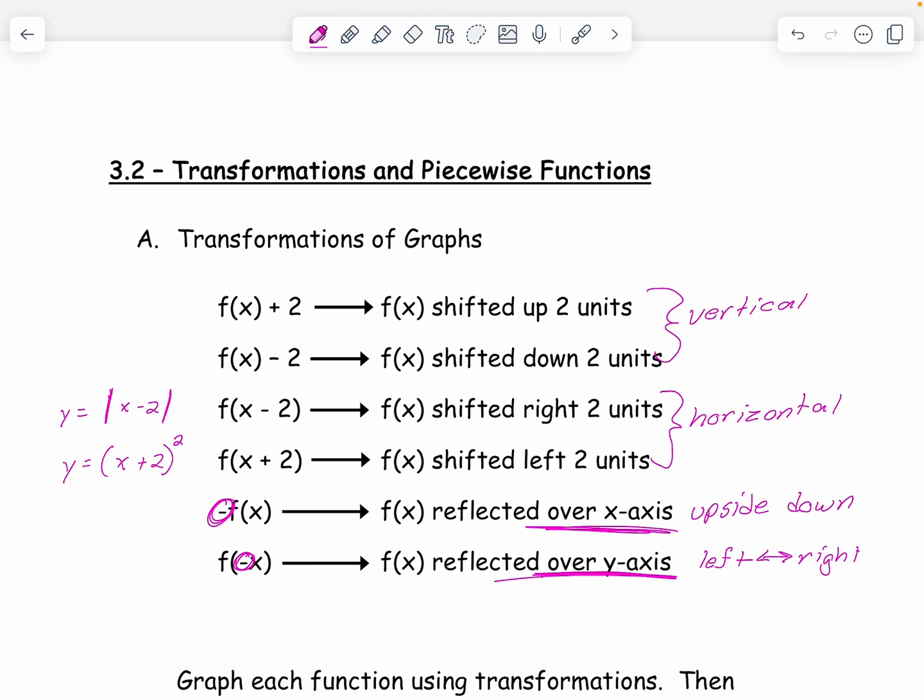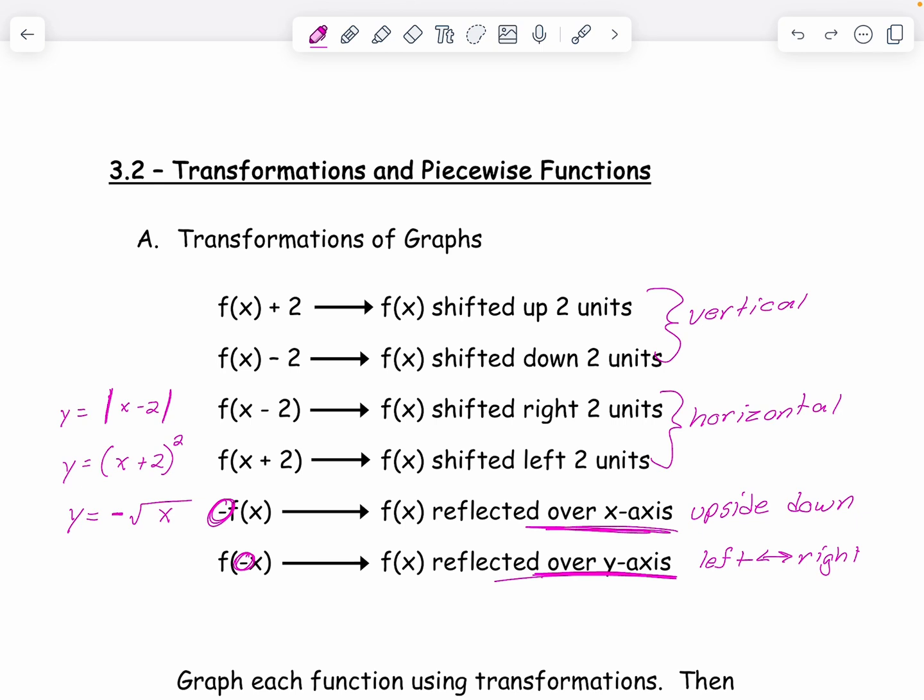Now let's give some examples of what those look like. So let's take a square root. So if we have y equals, and we've got a negative in front of the square root, then that's just going to take that entire square root function and it's going to flip it upside down. So instead of going up like this, it would go down like this. All right, then the next one is over the y-axis.